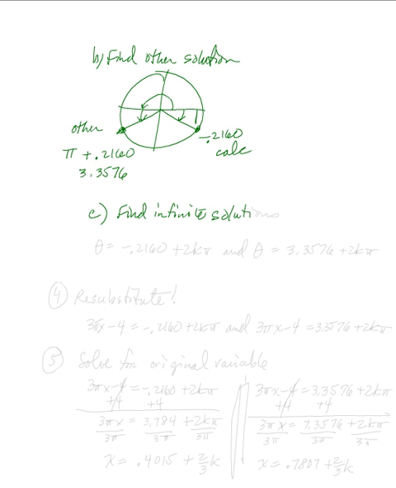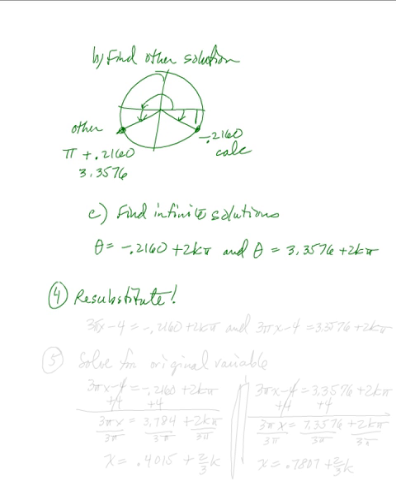Obviously, these are not equidistant apart, so when you go to find the infinite solutions, you're going to have separate generators for each one. Theta equals negative 0.2160 plus 2k pi. And theta equals 3.3576 plus 2k pi. Finally, step 4, well, not finally, but this is a real important step.